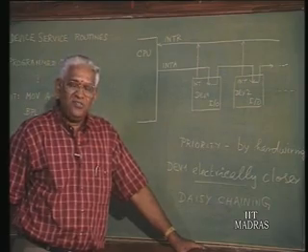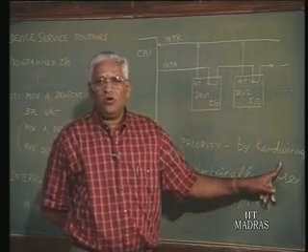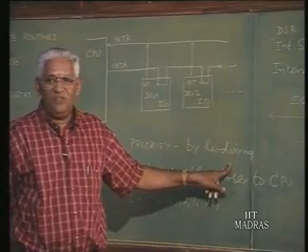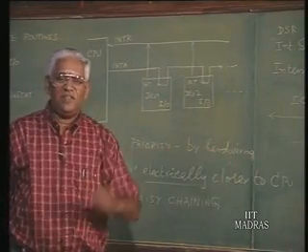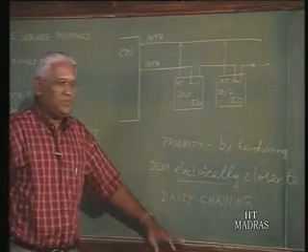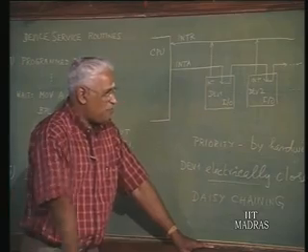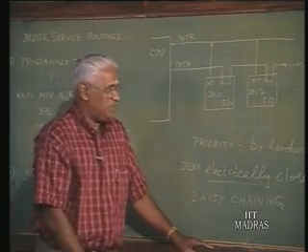Now, are there other ways of defining the priority? Obviously, the moment we say through hard wiring, that is hardware, we define the priority, that means there must be another one, maybe through software you may be able to define the priority. Now, how? Let us go back to the original situation itself.